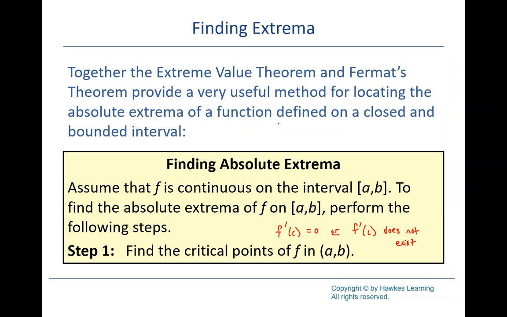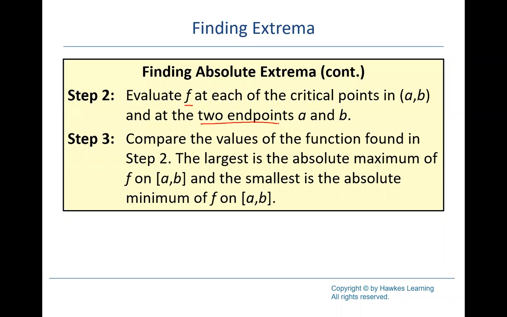Once we've located all of those critical values, assuming that they exist, we will evaluate our function at those points, and we'll also evaluate it at the two endpoints. We'll compare our results. The biggest is our absolute maximum value. The smallest, our absolute minimum value.